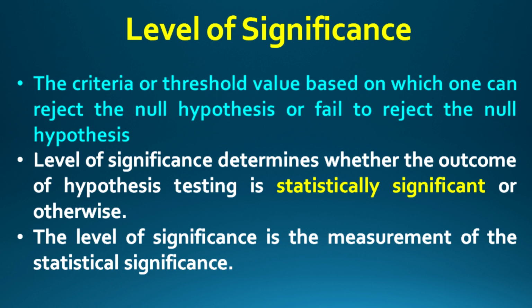Now, see, there are 2-3 major levels of significance in research work, specifically in social science research. We fix that level of significance at 1% or 5%. If it is social science research, it is normally at 5%.